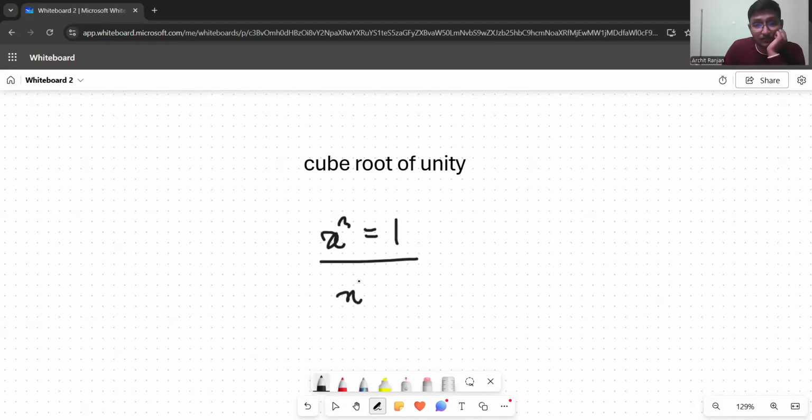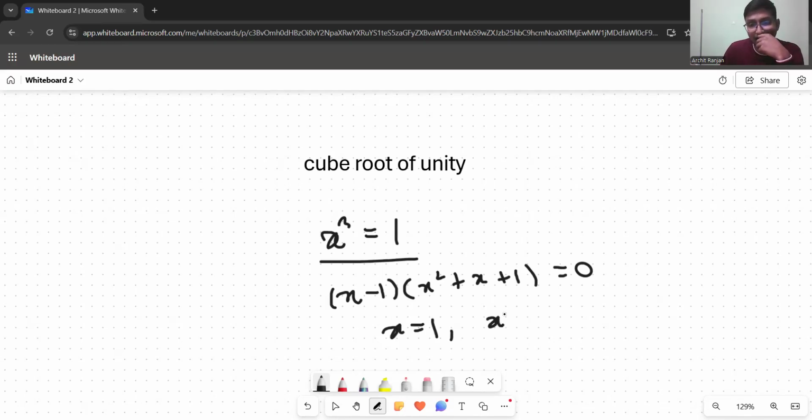It will become x minus 1 into x square plus x plus 1 is equal to 0. Just shift the 1 to the LHS and break it up. So from this we get x is equal to 1 and x square plus x plus 1 is equal to 0. So we got one root as x is equal to 1.